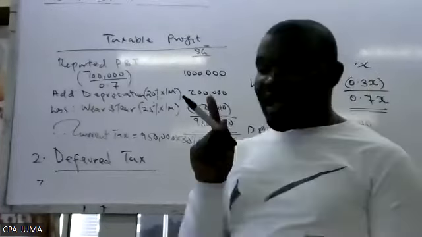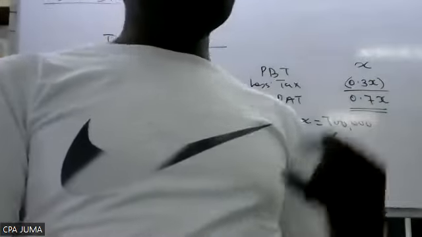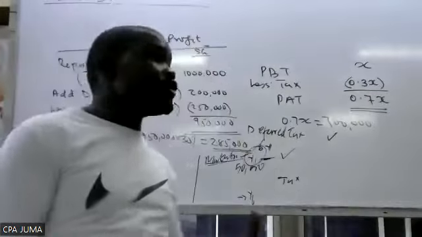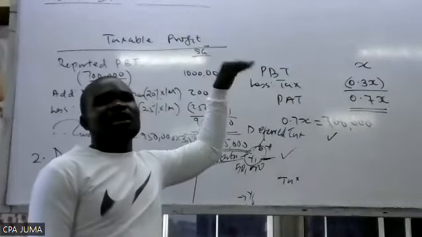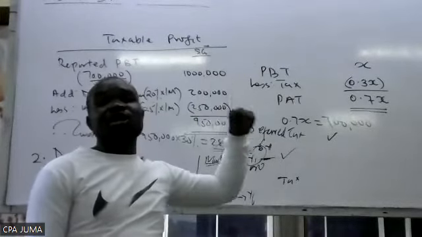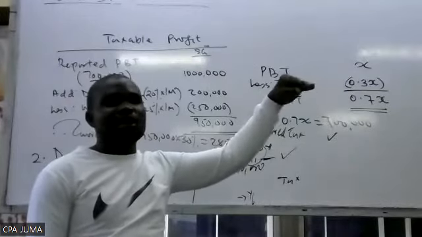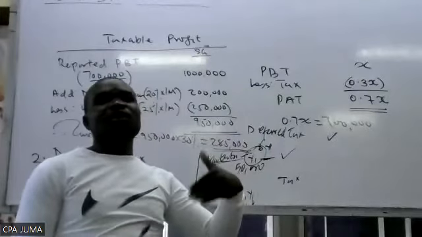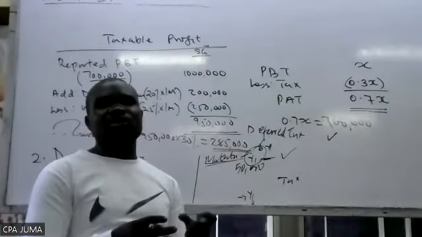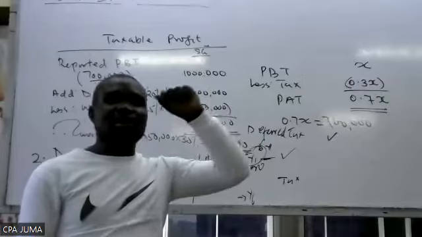So deferred tax can arise in that way: a company or an individual sets aside some funds to cater for future tax obligations. You anticipate and are very sure that you will pay. Then what you can do is make a provision. Deferred tax actually is a provision. You make a provision that you will pay those taxes in future.